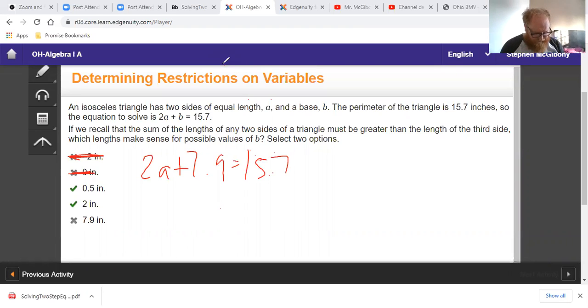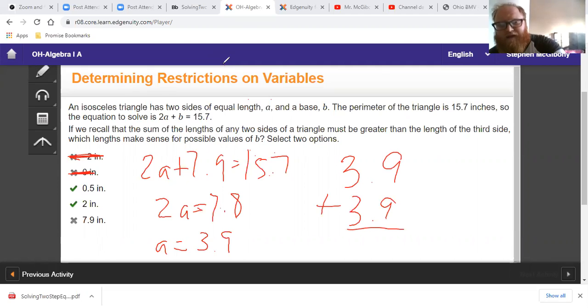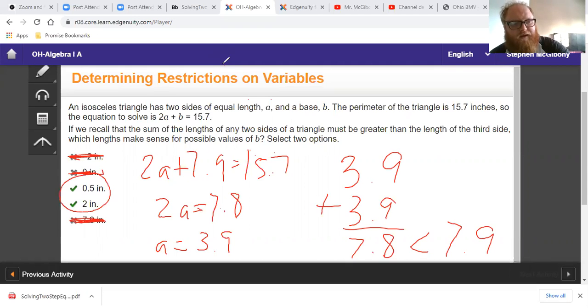Subtract 7.9 from 15.7. We'll get 2a equals 7.8. And we want to divide that by 2. So A equals 3.9. So 3.9 plus 3.9. Remember that the lengths of the two sides have to be greater than the third side. That's 7.8. That's actually less than 7.9. So we can eliminate that as an option. These are going to be the two answers we want.